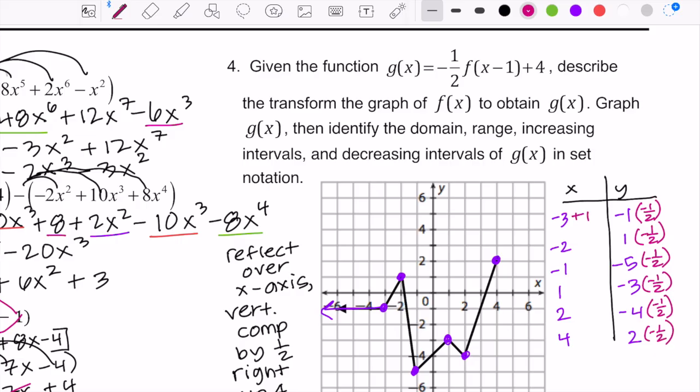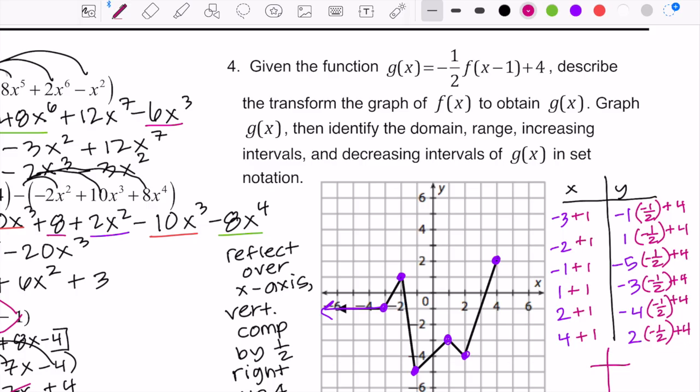So I'm going to add 1 to each of the x values, since x and right are both horizontal descriptions. And then I'm going to go up 4. And so I'm going to add 4 to all these y values.